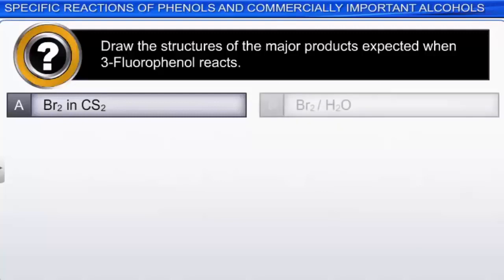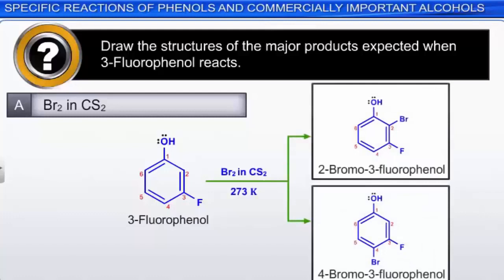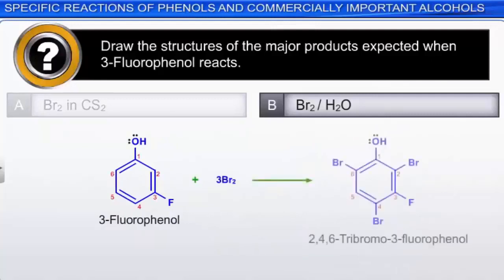You should recognize that the reaction conditions for part A result in monobromo derivatives. 2 isomers will form, but 4-bromo-3-fluorophenol is expected to be the major product. In part B, the reaction conditions favor multiple substitutions. 2,4,6-tribromo-3-fluorophenol will be the major product.